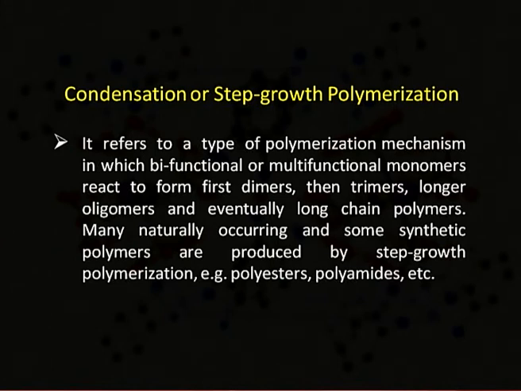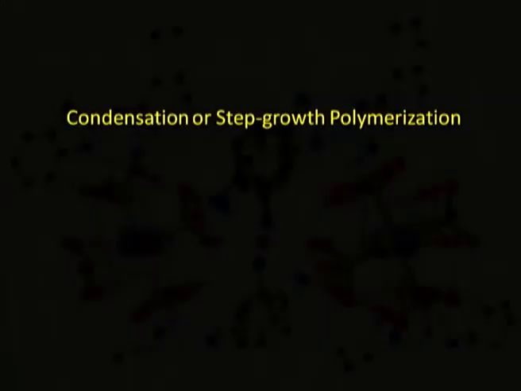Many naturally occurring and some synthetic polymers are produced by step growth polymerization, such as polyesters, polyamides, etc. Due to the nature of the polymerization mechanism, a high extent of reaction is required to achieve high molecular weight. There is also the possibility to have more than 2 reactive sites on a monomer. In this case, branched polymers are produced.